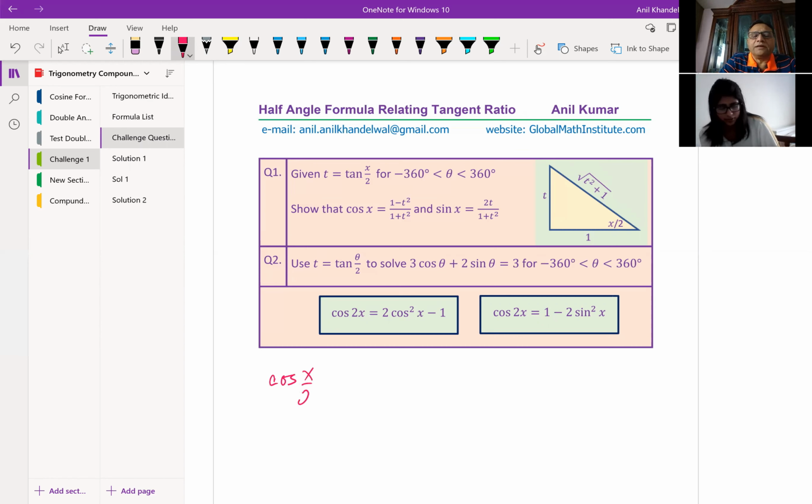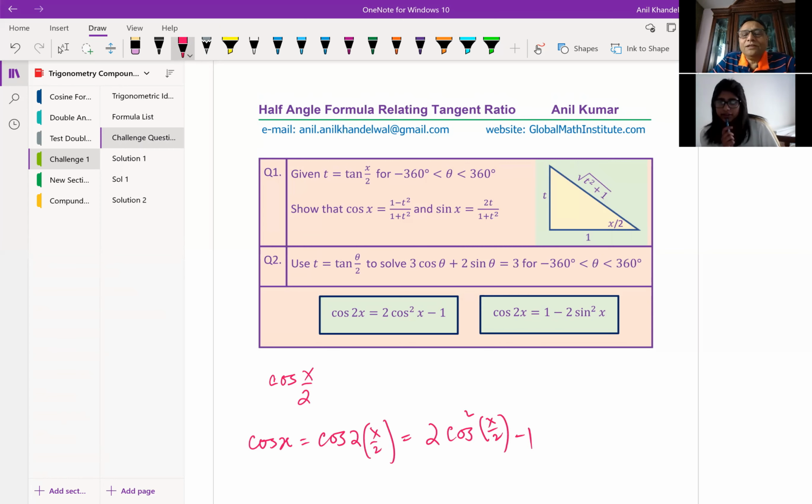Once we do that, then we can find cos x because that is twice this angle. So cos x will be equal to cos of twice this angle, x by 2, right? You could use any of your formulas. Since you know cos x by 2, the best formula will be 2 cos square x by 2 minus 1, correct? Then you'll get your result. Is that clear to you?